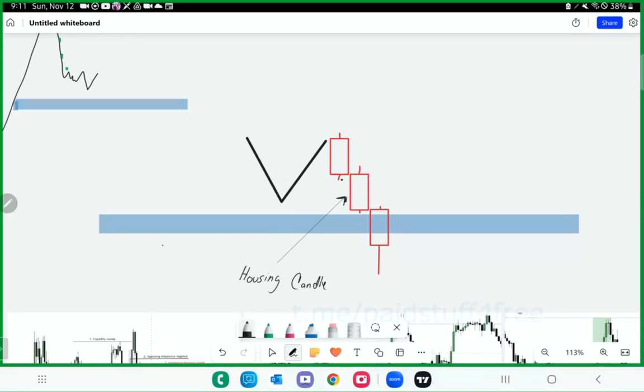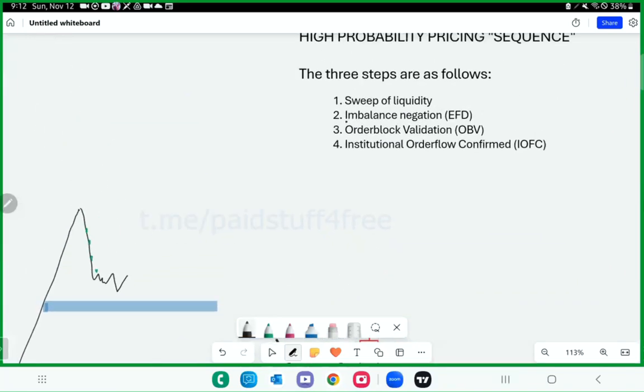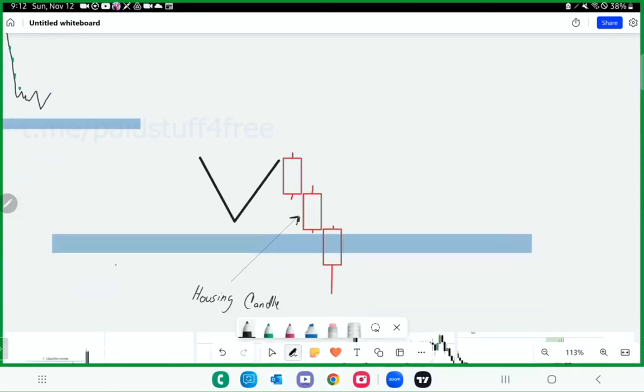Step 1 is sweep. Actually, step 2 is seeing that imbalance negated. Once we've had the sweep, now we're watching price deliver. We see this first little up close candle.